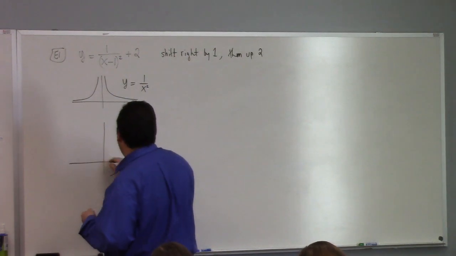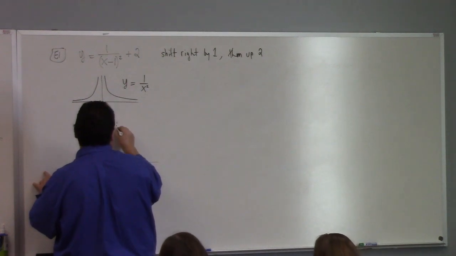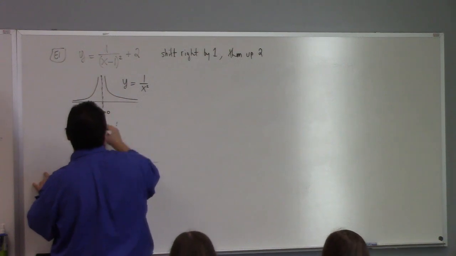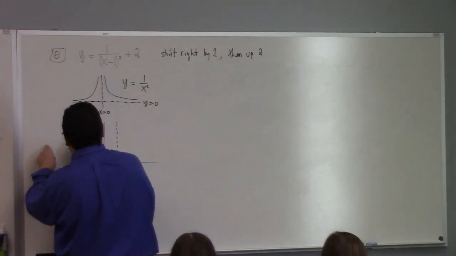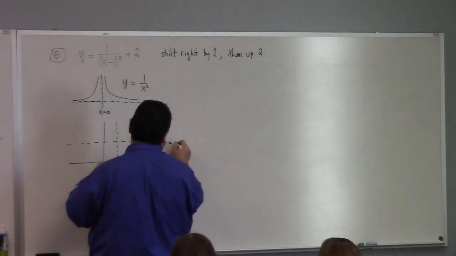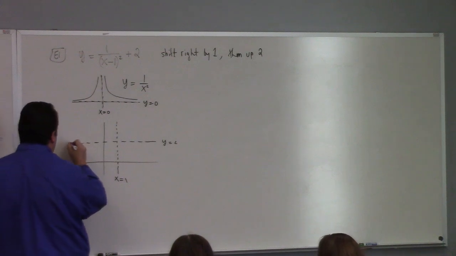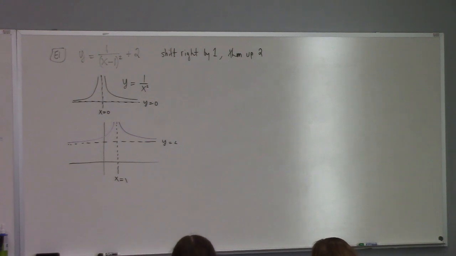The vertical asymptote is the key feature there. It moves to x equals 1, where it was at 0 here. There's a horizontal asymptote at y equals 0, and that shifts up 2. So the graph of the shifted volcano function looks something like this. I didn't have to plug in a single point. The idea is that you know the basic functions, and then you can move them around with these shifts.